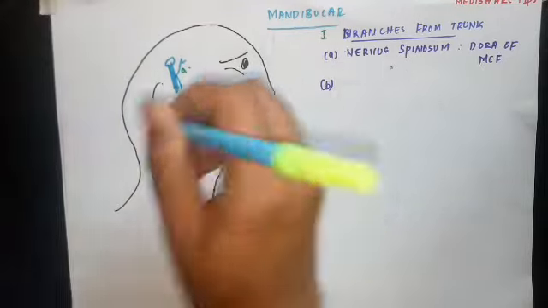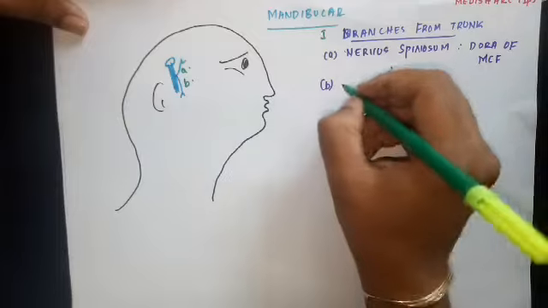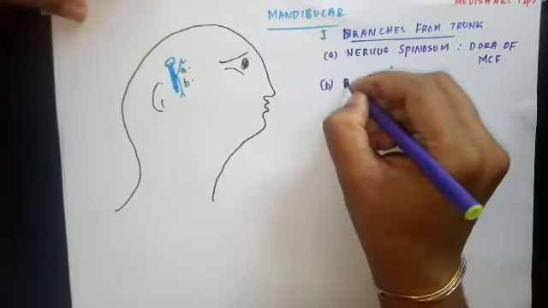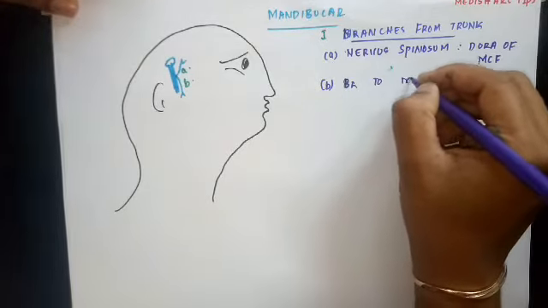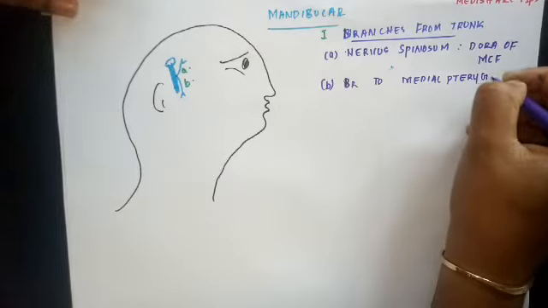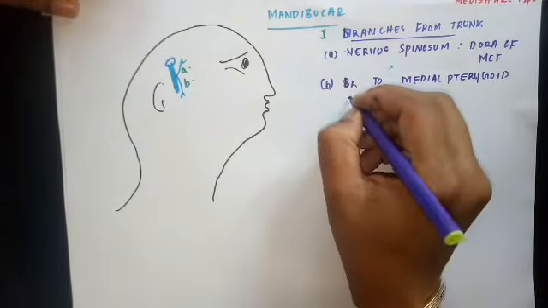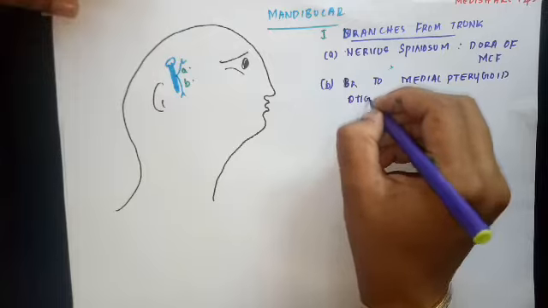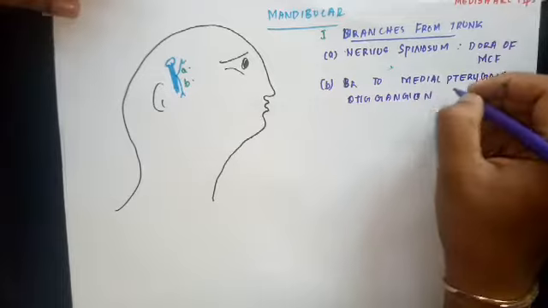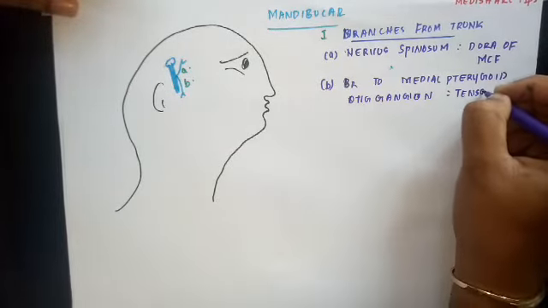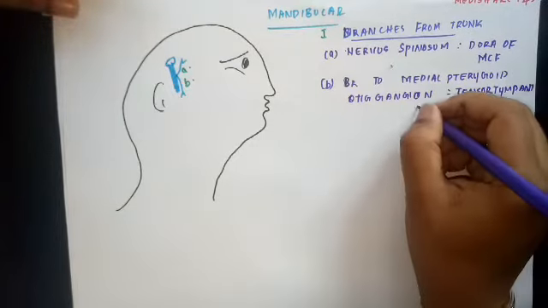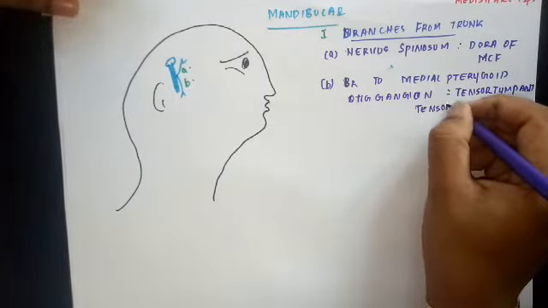So branches to the muscle medial pterygoid, and through the otic ganglion it supplies two other muscles, which are tensor tympani and tensor veli palatini.